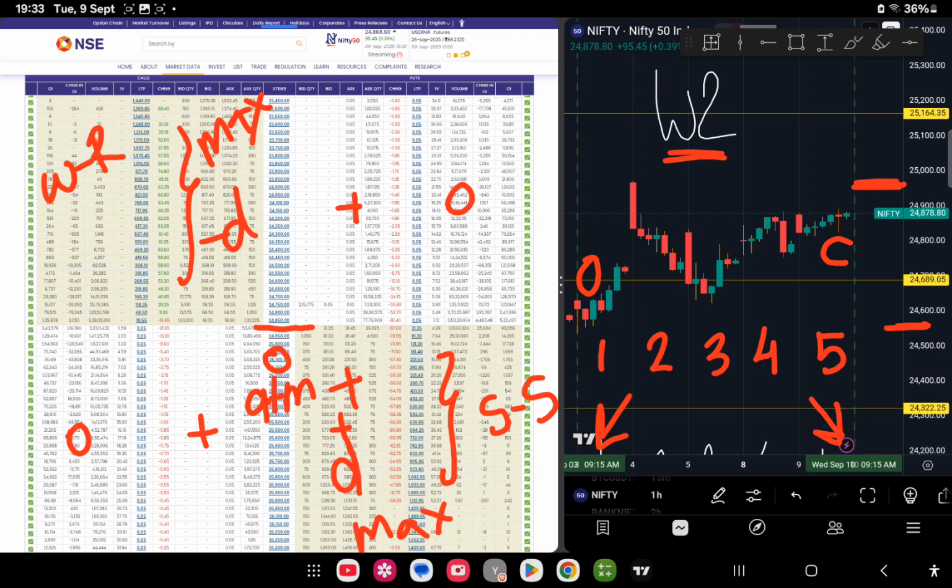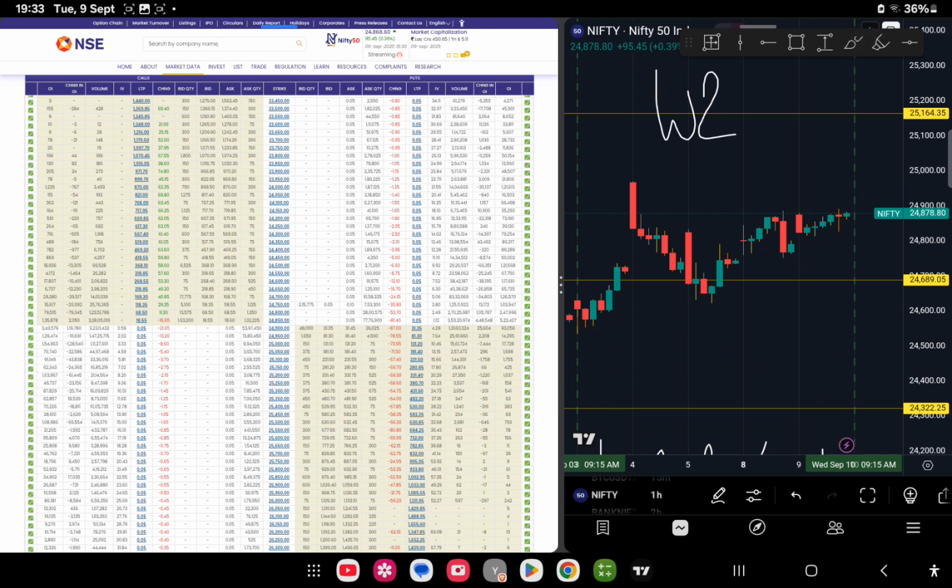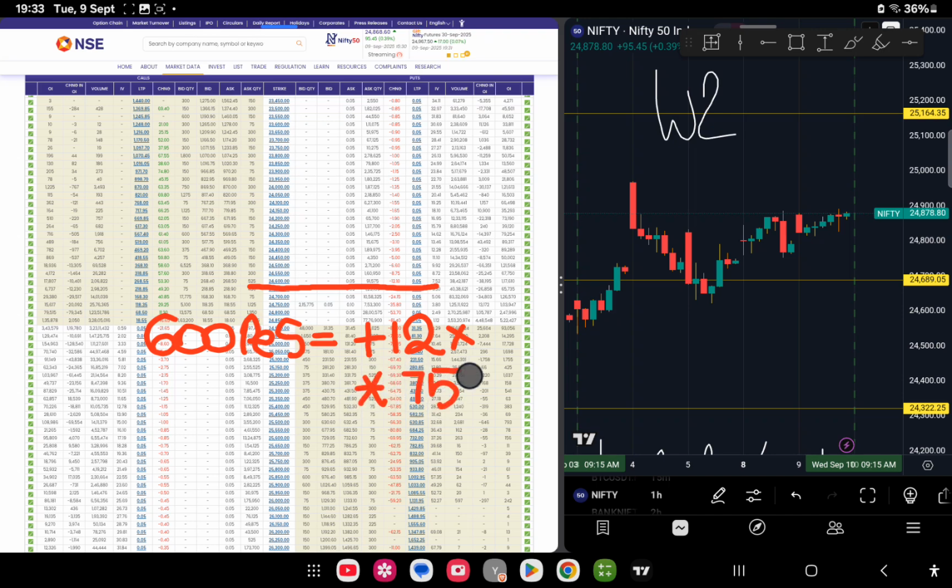Now let's do a small, simple calculation. I'm going to take 600 PE selling. The decay is positive 12 times 75, which is one lot size.